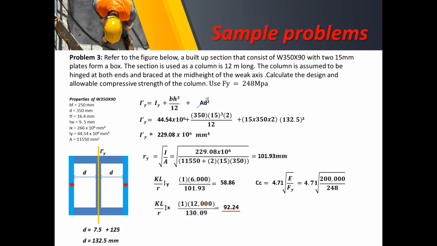We simply substitute the strength parameters. We have 133.76. Now comparing KL all over r to Cc, that is obviously less than Cc. If it is less than, that will fall under intermediate column, wherein the failure mode will be a combined yielding and buckling.